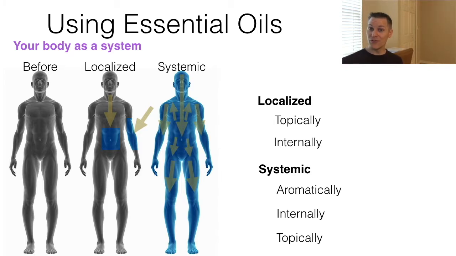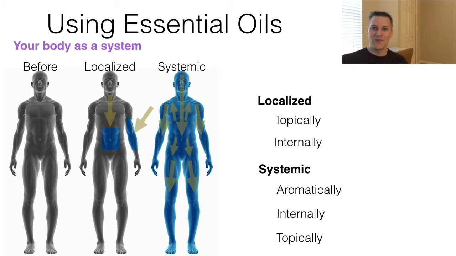If you take essential oils with food, especially with fatty foods, you'll have a more localized effect through your gastrointestinal tract, because the presence of food in your stomach or intestines determines whether the essential oils will pass through the intestinal wall into your bloodstream. So the more food, the more you'll have that localized effect. The less food, the more likely the essential oil is to pass through the body, giving you a systemic effect. That's just an interesting fun fact for you all.